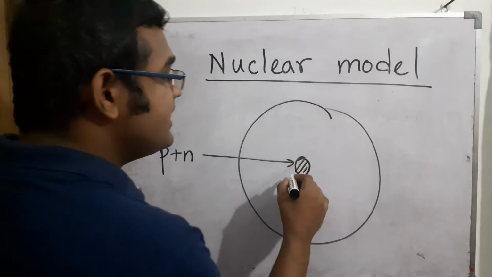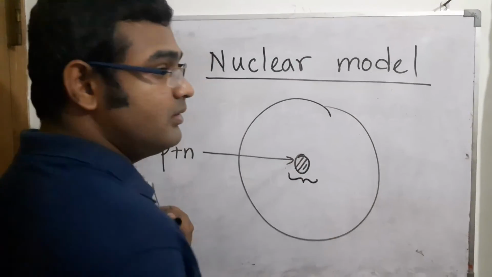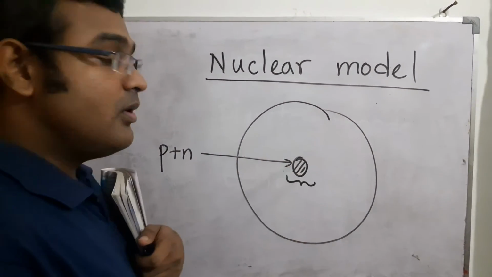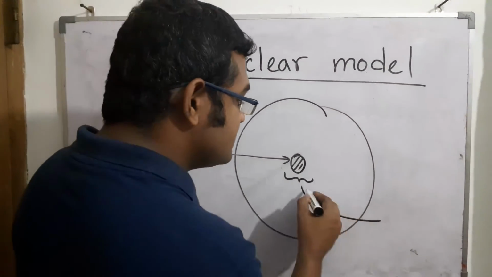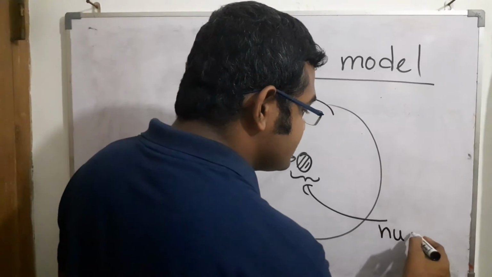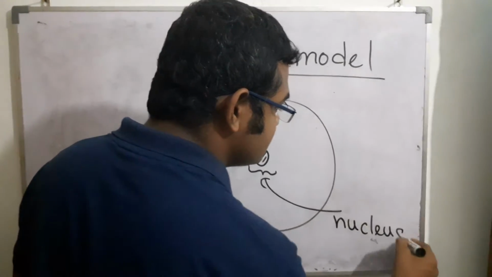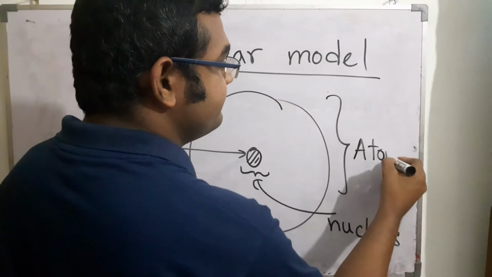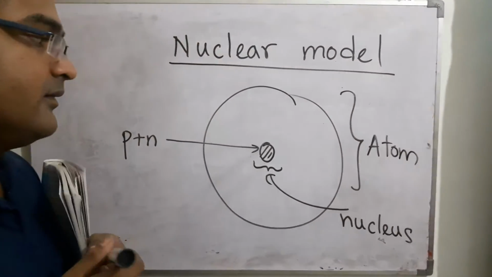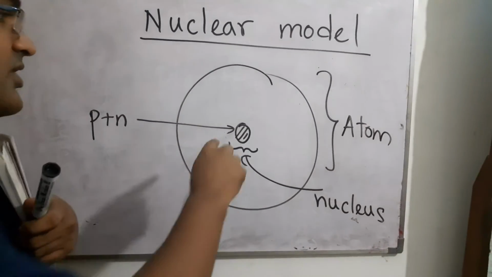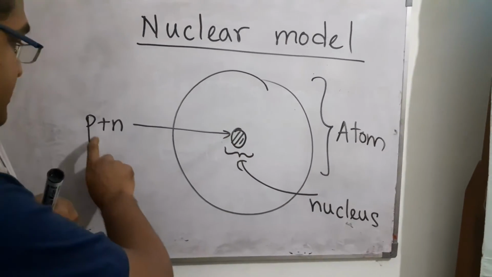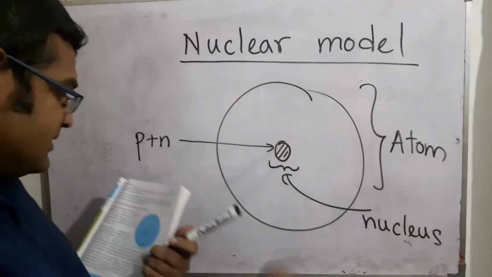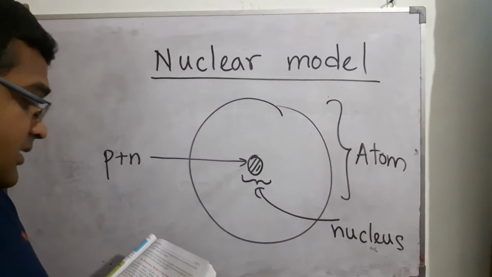Very small area, like the football. Just compare the ground with the football. It was known as the nucleus. This is the whole atom. So in a very small area, protons and neutrons are accumulated. That is the nuclear model.